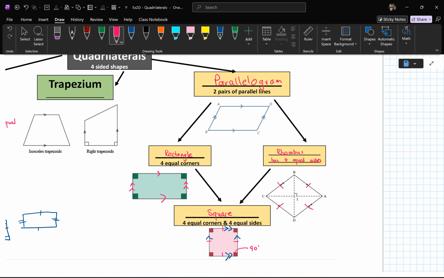Parallelogram. Okay, so parallel and then ogram. So parallelogram, 2 pairs of parallel lines. That's what's similar. So I think of a parallelogram as similar to a rectangle, no 90 degrees. And I think of a rhombus as similar to a square, but no 90 degrees. That's how I remember the 2. Yeah?